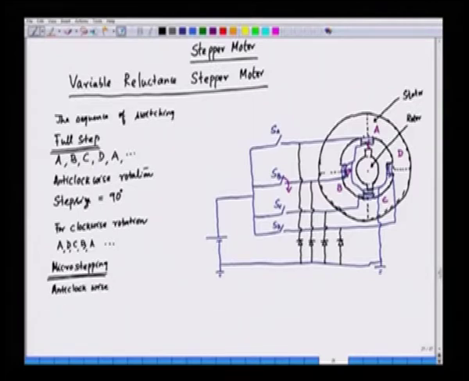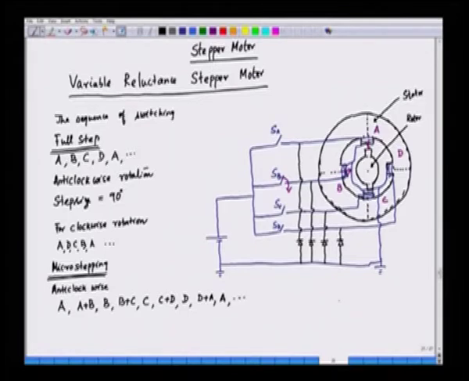What we do here, we excite or energize phase A, then energize A and B together, and then B, then B and C, then C, then C and D, then D, then D and A, then A and so on.